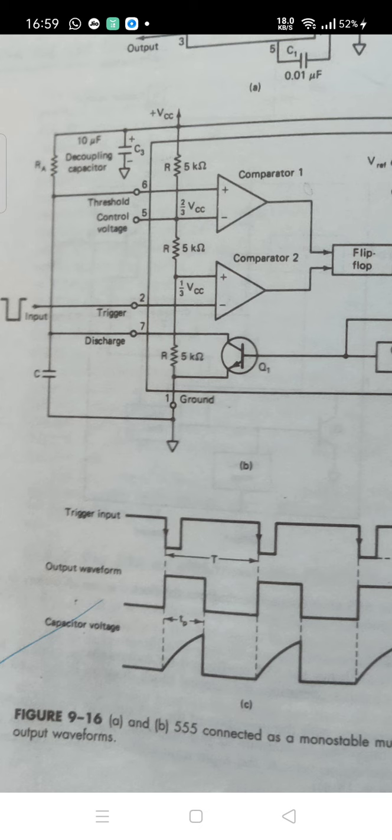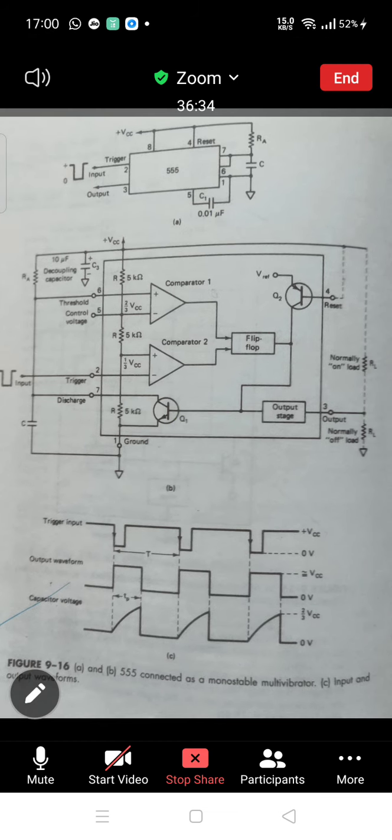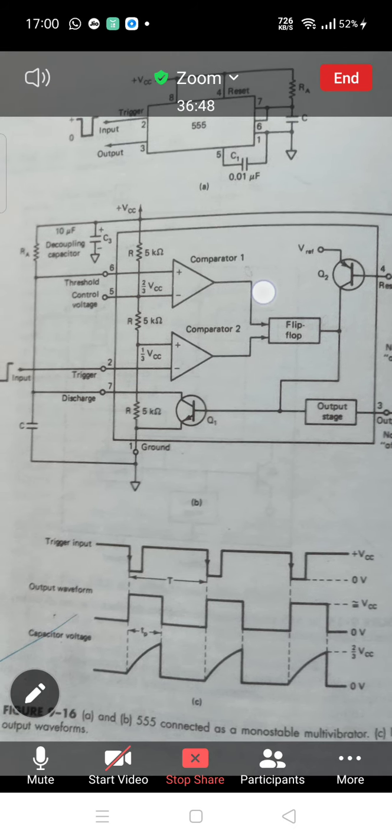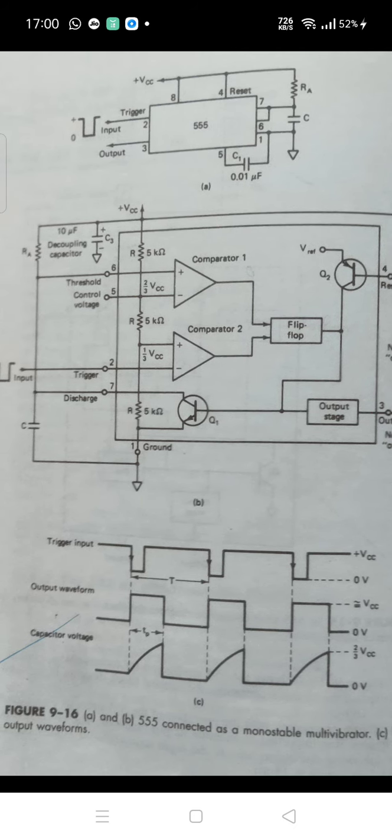So, in this way, this is the monostable operation, which is one of the applications of the 555 timer. Now here, the first figure shows only the block diagram of the IC 555 as a monostable multivibrator, and the second diagram shows the actual connection.